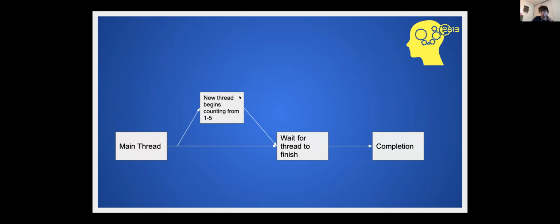The code won't complete until both threads are done. So any code running on the main thread is going to have to wait until the new thread is done. Apparently the new thread is counting from 1 to 5, so this might take 5 seconds to complete.